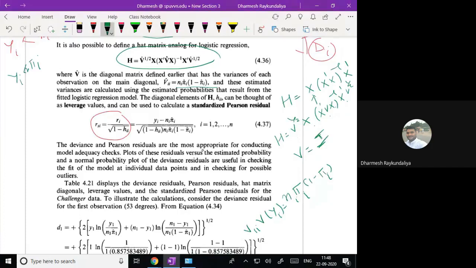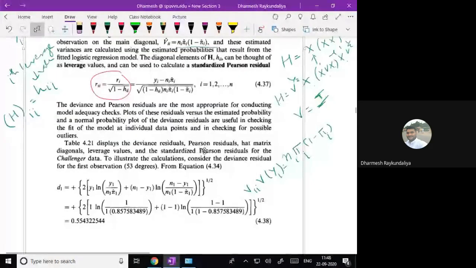Okay, and so of course, what is the diagonal value of H? We call it the ith leverage value. If you wish to find the standardized Pearson residuals, what should be the form?